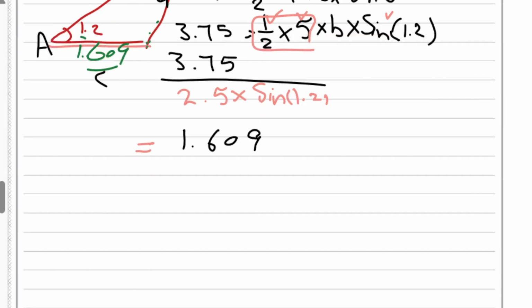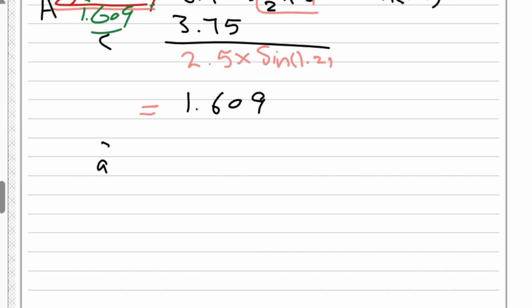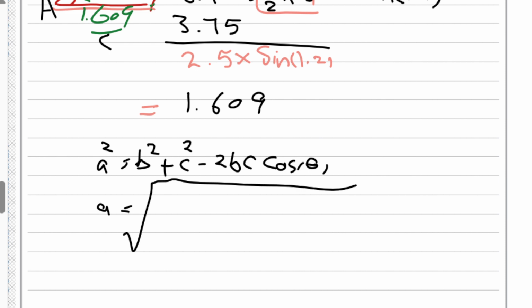Now, A squared is equal to B squared plus C squared minus 2BC cosine theta. Plug the values in, and take the square root. Let's just say it's 5 squared plus answer. Don't use the 1.609. Use whatever you see in your calculator, all of it without rounding.